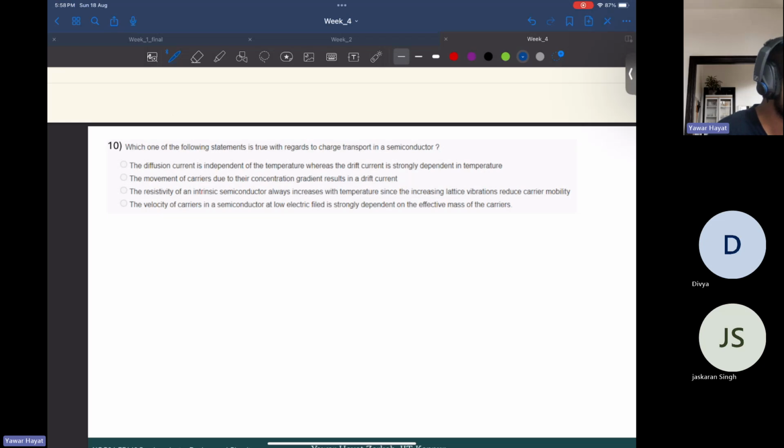So the third one is the resistivity of intrinsic semiconductor always increases with the temperature, since the increasing lattice vibrations reduce the carrier mobility. No, that's also not true. The fourth one is the velocity of the carriers in a semiconductor at low electric field is strongly dependent on the effective mass of the carriers. Well, that is indeed true. The velocity of the carriers does strongly depend on the effective mass of the carrier. So this one is the correct statement among these four.